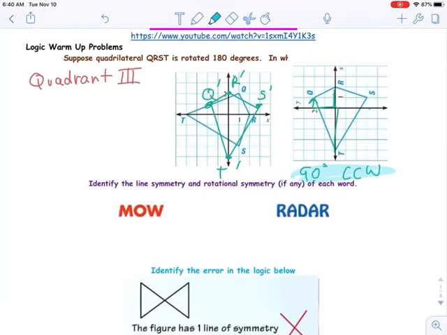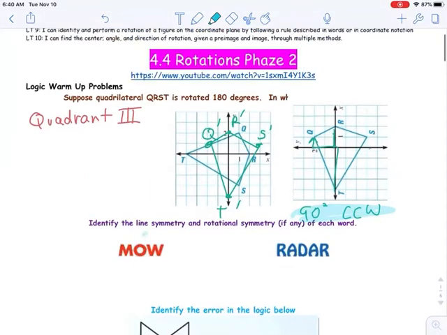All right. Anyways, identify the line of symmetry, so reflectional symmetry or rotational symmetry of each word. Now this right here, does this word have any reflectional symmetry? I'm going to go with no. I can't find any. If I put a mirror here, it's not going to look the same.